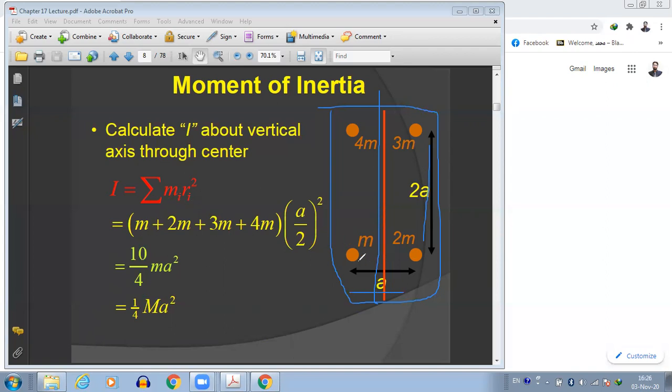So this will be m into (a by 2) squared plus 2m into (a by 2) squared plus 3m into (a by 2) squared plus 4m into (a by 2) squared. So it will be 10 by 4 m a squared.